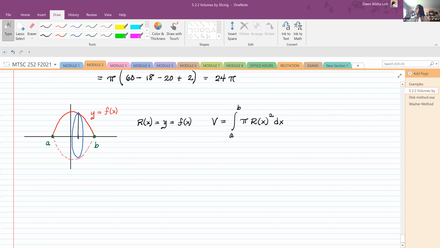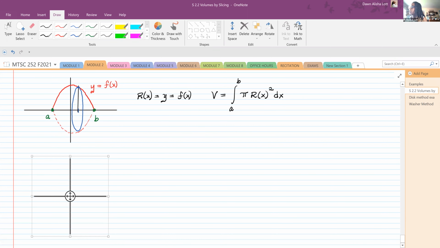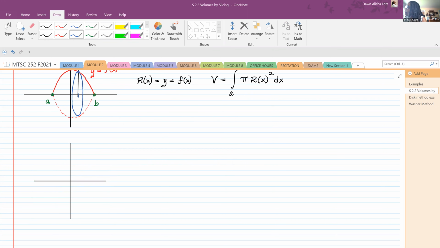Your more difficult ones would be something like this. This is like y is equal to, let's say 5. And then you have something that looks like this.